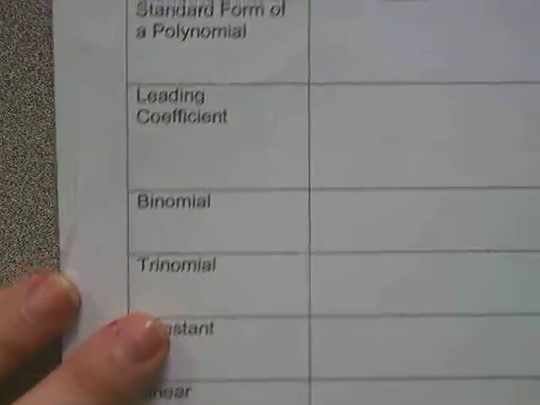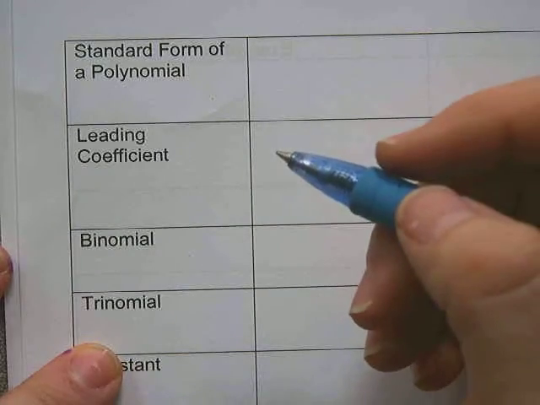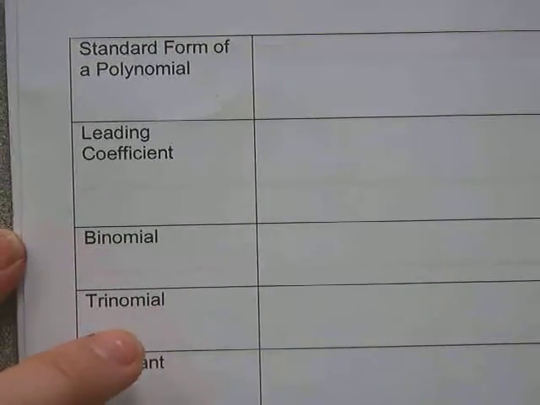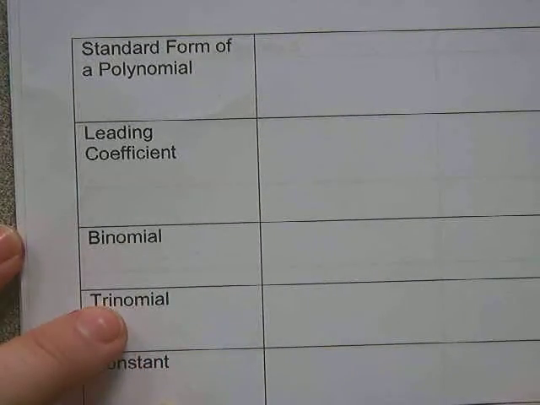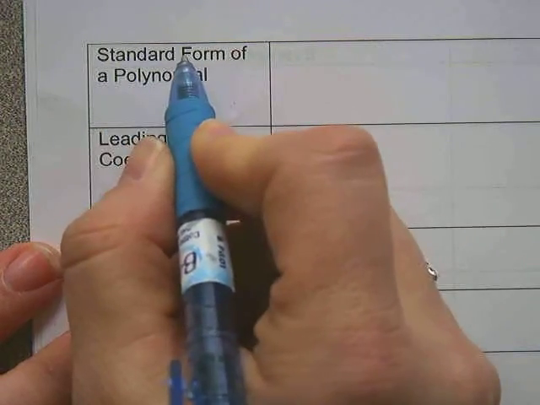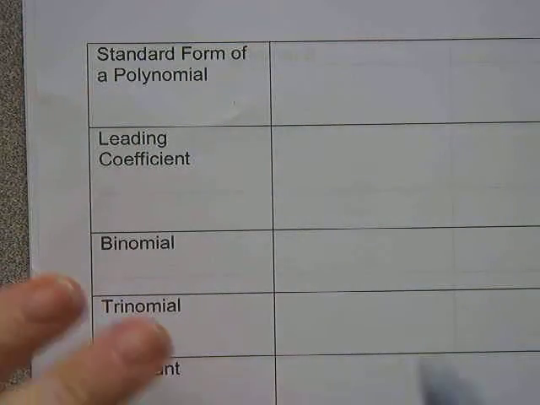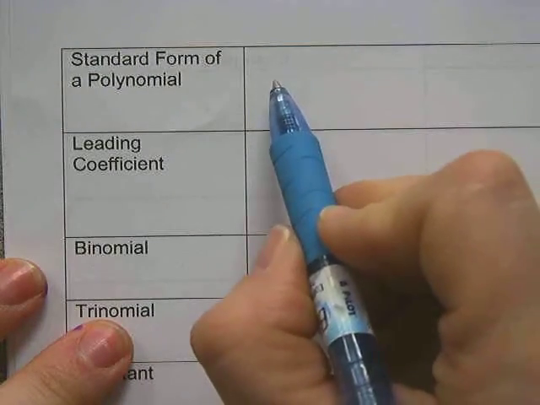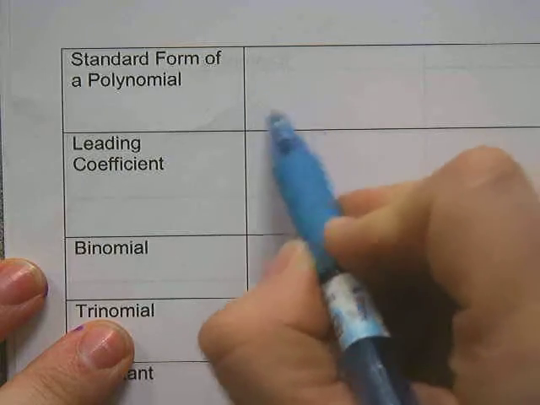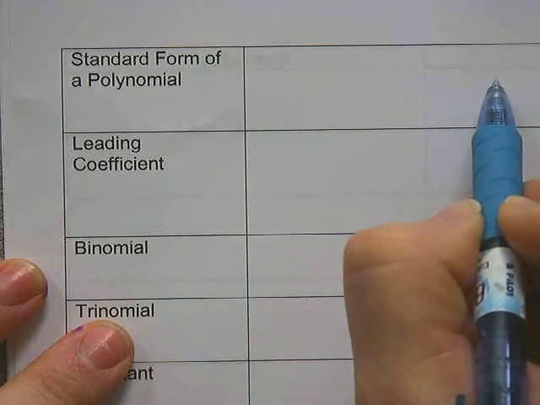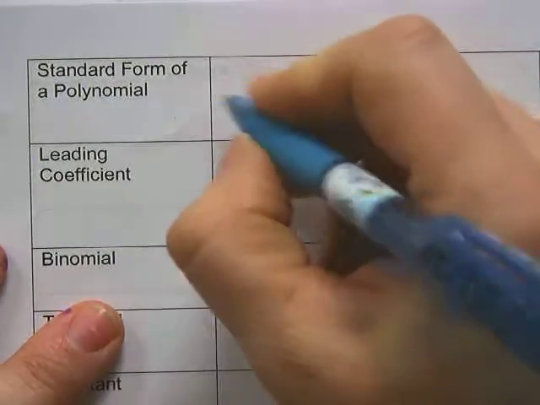Okay, in your textbook it says, the terms of a polynomial may be written in any order. However, polynomials that contain only one variable are usually written in standard form. So standard form of a polynomial is when you start with the greatest power and then you decrease in order.